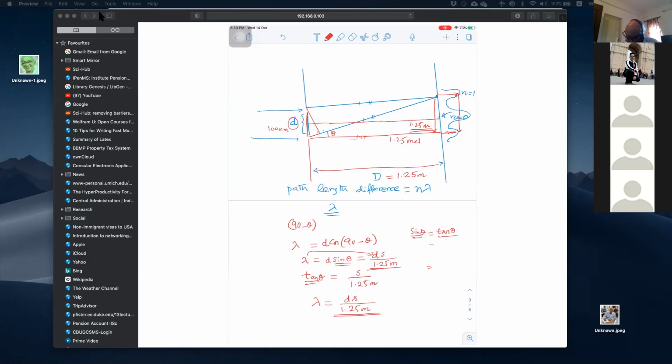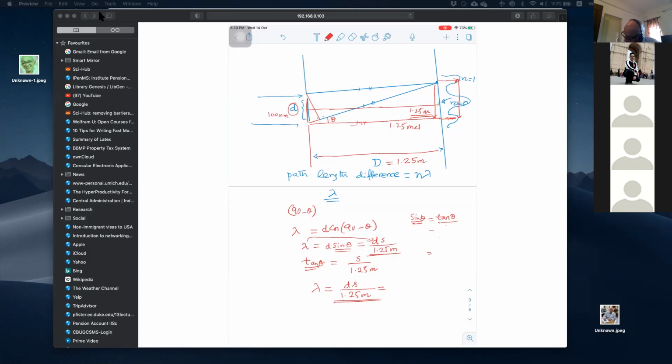And how much is d? d is actually the separation between the two slits, that is 100 nanometers, correct? Yes, sir. So 100 into S divided by 1.25 meters is equal to the wavelength. And what is the wavelength that we have calculated?